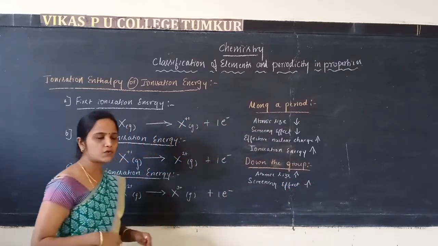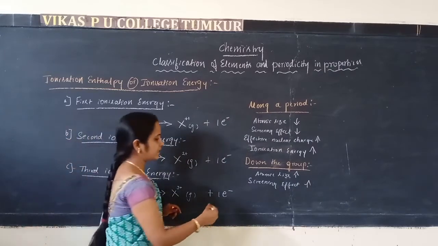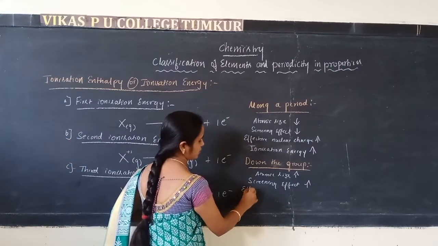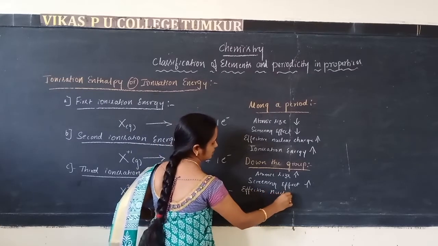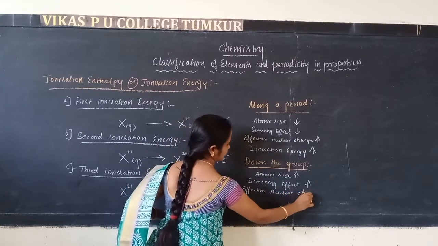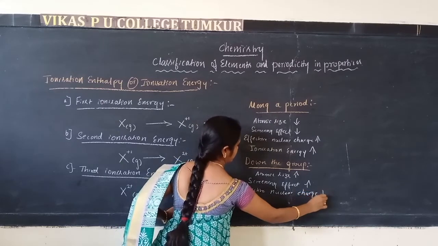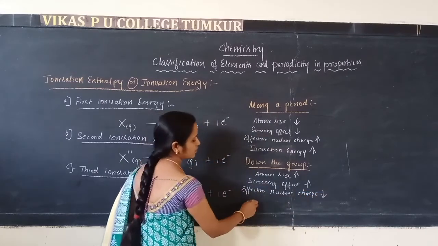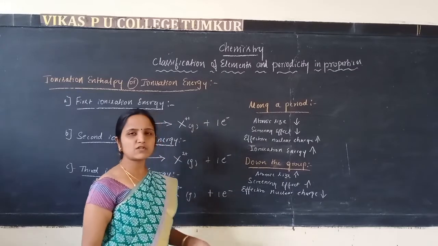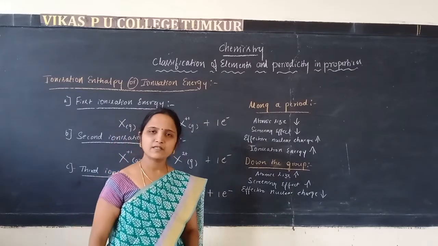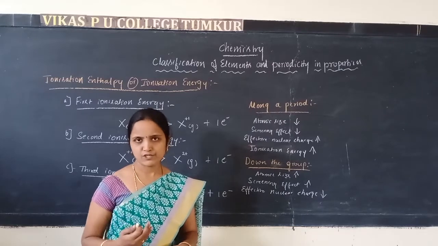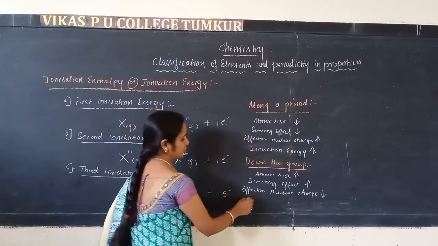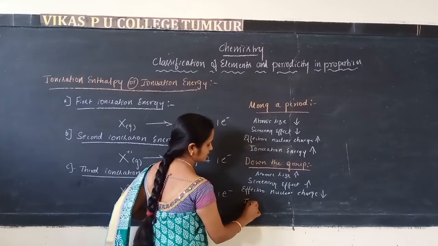The effective nuclear charge decreases. Therefore, when the effective nuclear charge decreases, less energy is enough to remove the electron from the outermost shell. Therefore, the ionization energy decreases.